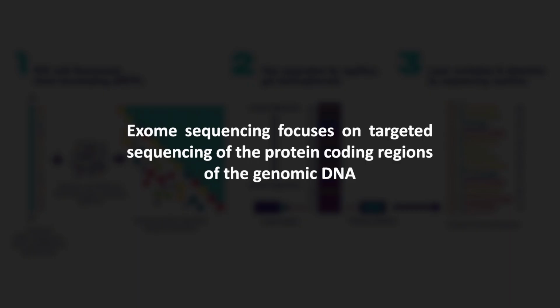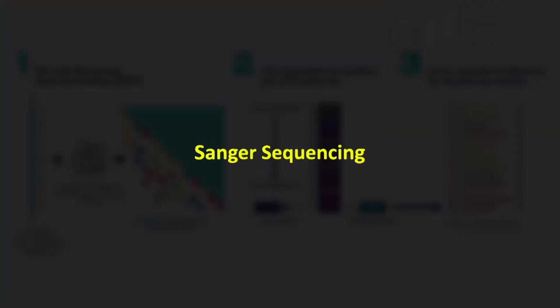Exome sequencing focuses on targeted sequencing of the protein coding regions of the genomic DNA and shows promise as a new tool in gene discovery for complex diseases and for facilitating the accurate diagnostics of individuals with unresolved or unsolved Mendelian conditions. Dear students, let's now understand Sanger sequencing in detail.